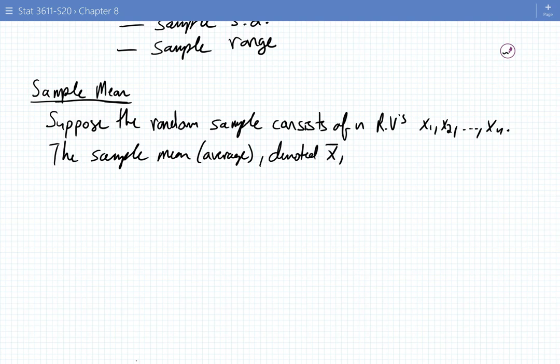X bar is calculated as follows. X bar is the sum of all of your x's as i goes from 1 to n, divided by n. So you add them up and divide by the number in your sample, right? So if we open up the sum, it would be x1 plus x2 plus x3, and so on up to xn. We add all of them up, and then we divide by n.